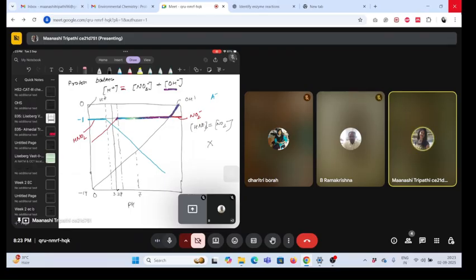Okay, I lost this point. So we need to balance this equation, right? So H plus is equal to NO2 plus OH minus. So this is OH minus. Here I'll write in a different color so it will become easier.